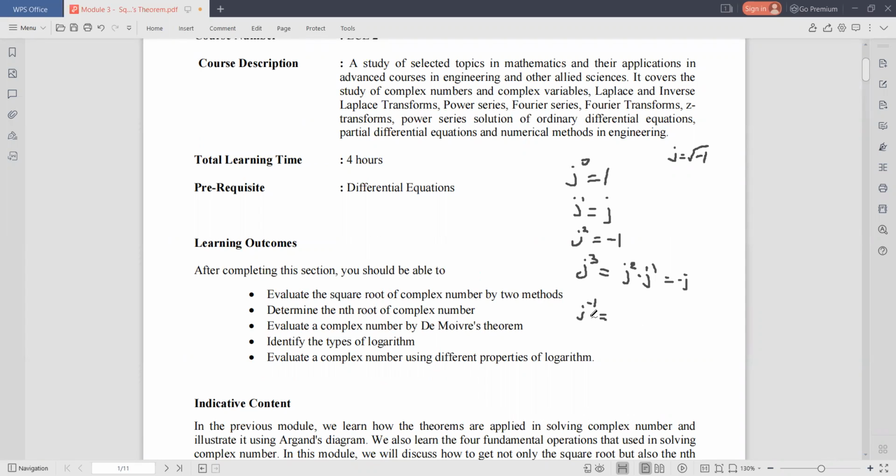So how about if j naman is -1? What is the value of this imaginary? Obviously, this is 1 over j. So this is just the inverse of j. Or that is equal to, expand this one, that is 1 over j. Multiply natin by j over j.